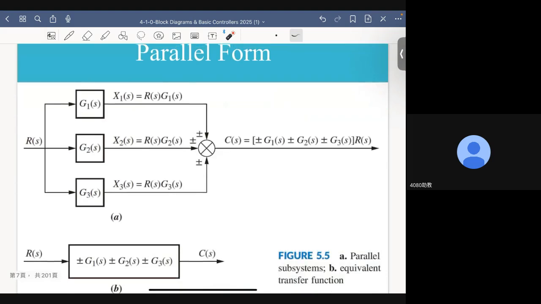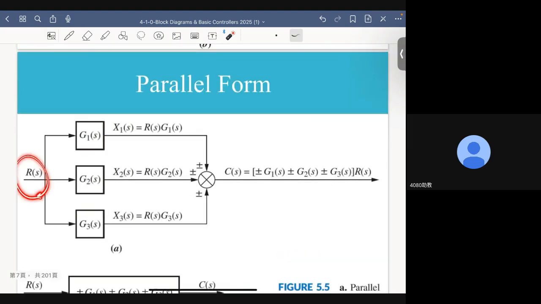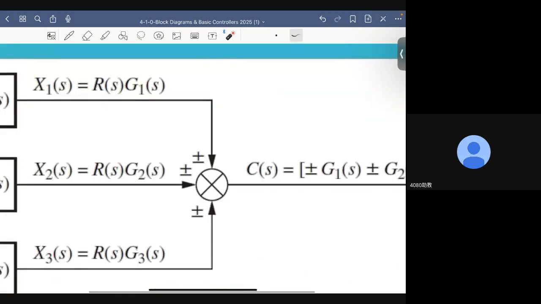This is one example. The common input here is R, and this input is applied to these three systems. Hence, we have three outputs. They can be added together, or they can be subtracted from one another, depending on which sign you employ.